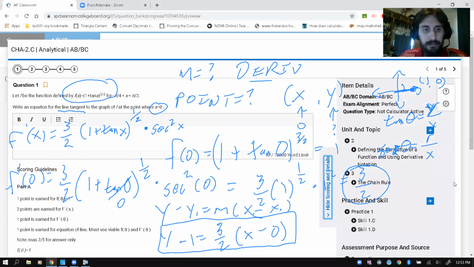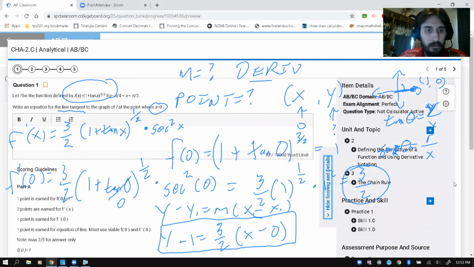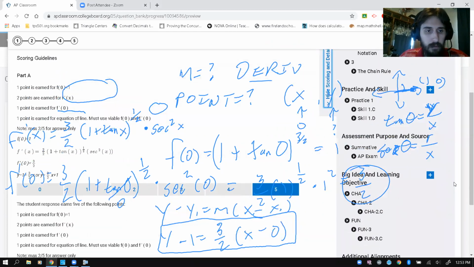This problem was worth 5 points. 1 point for you getting that f of 0 is 1.